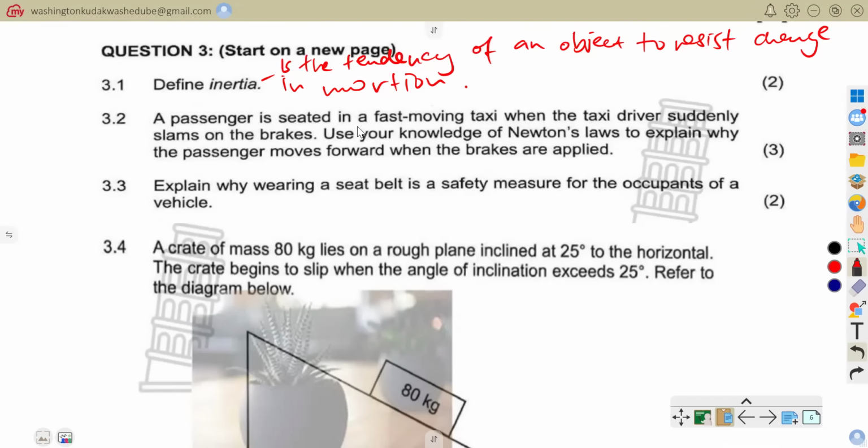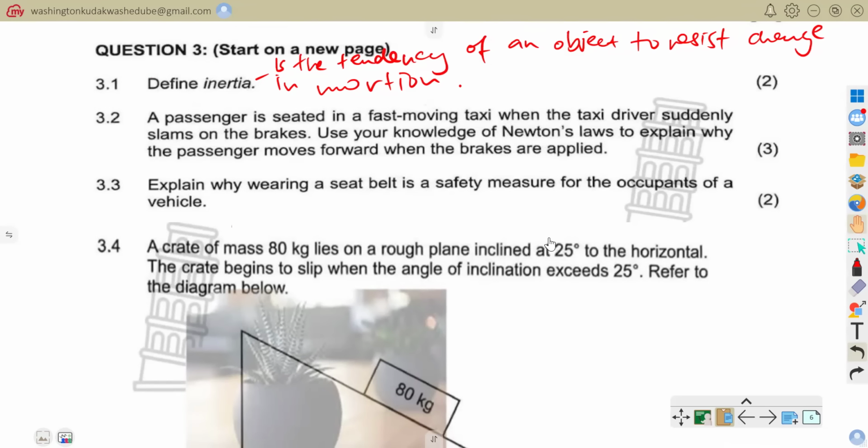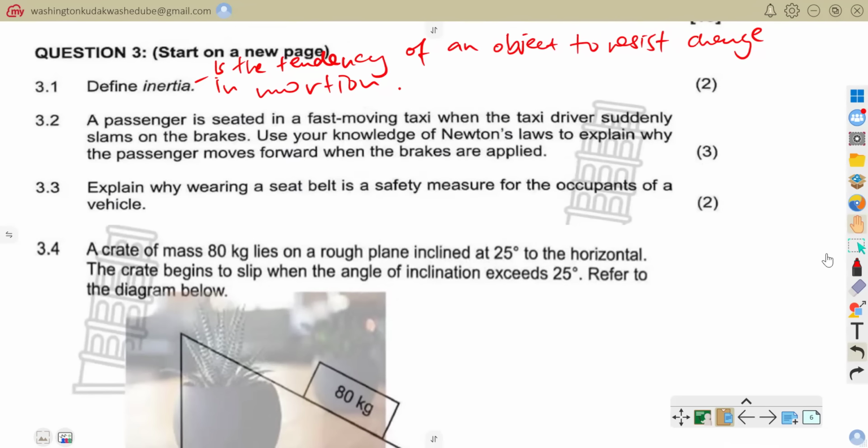Now they're saying a passenger is seated in a fast-moving taxi. When the taxi driver suddenly slams on the brakes, use your knowledge of Newton's laws to explain why the passenger moves forward when the brakes are applied. This is also given by inertia, or Newton's first law.